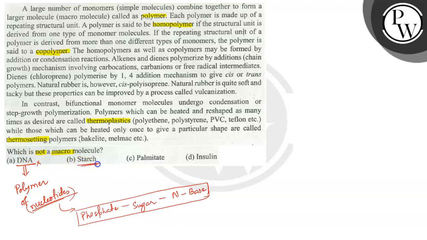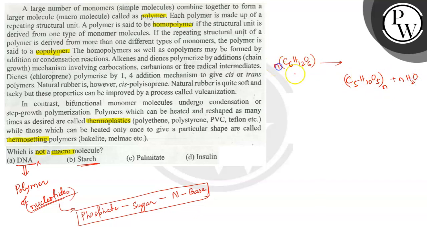Now starch is a polymer of glucose. So starch, this is glucose, C6H12O6, and इसमें से if we polymerize it, ये condensation polymerization show करता है and we'll get this compound (C5H10O5)n along with nH2O.